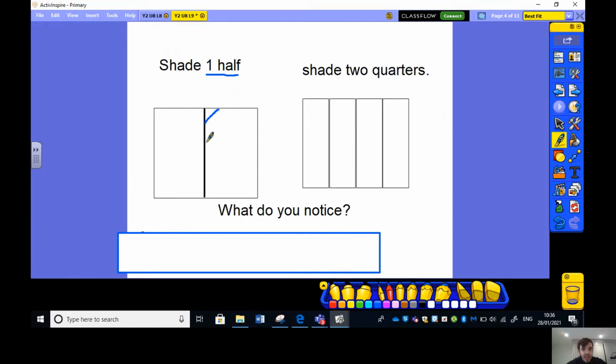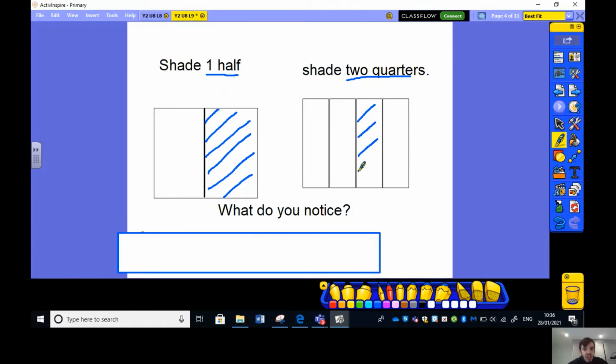So I'm going to shade 1/2 of this. There we are. I've shaded 1/2. Now the exact same shaped square has asked me to shade 2/4. When I have quarters, I have 4 equal parts, and it's asked me to shade 2 of those 4 equal parts.